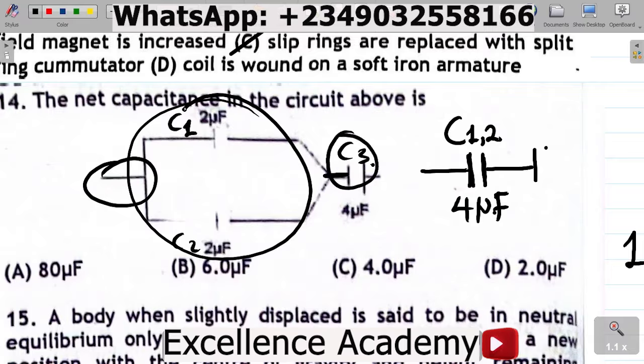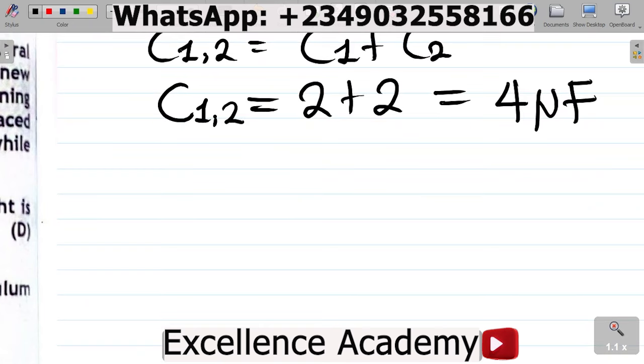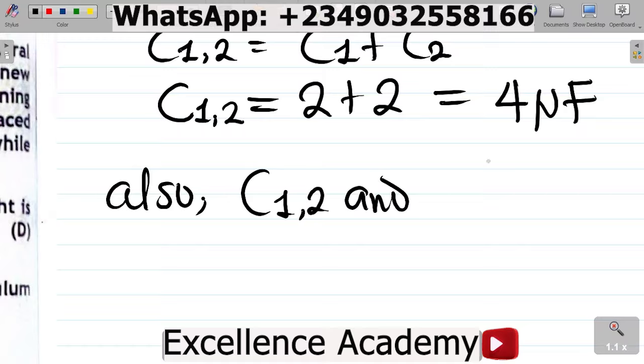You want to know that C3 is also this value here, which is 4 microfarad. So from here, we can see that C12 and C3 are in series.